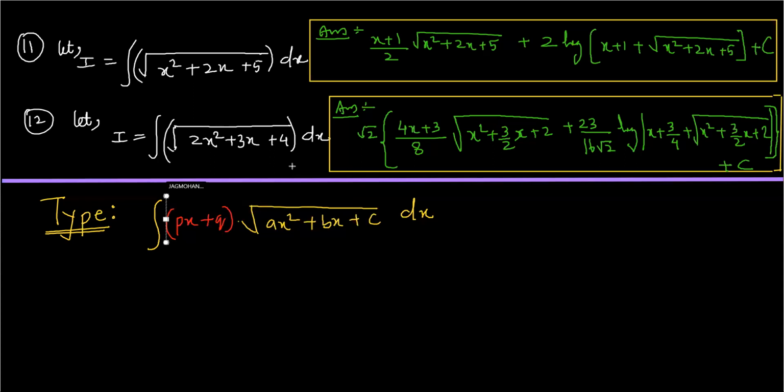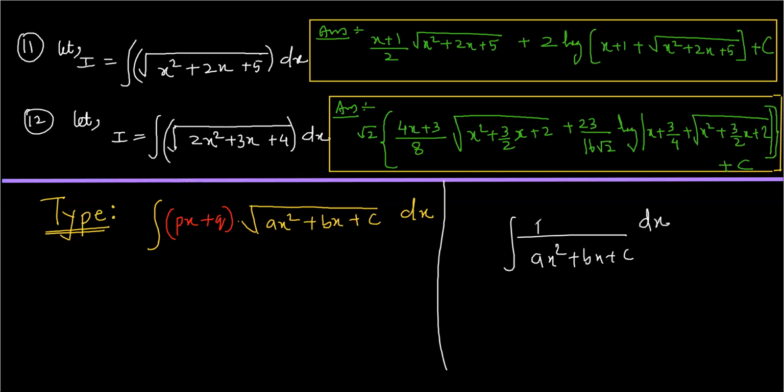Because if you remember, earlier we had done 1 upon quadratic. I will explain this in short. When we had done 1 upon ax square plus bx plus c, the next type immediately after this was, we wrote in the numerator px plus q, and we called this linear upon quadratic.